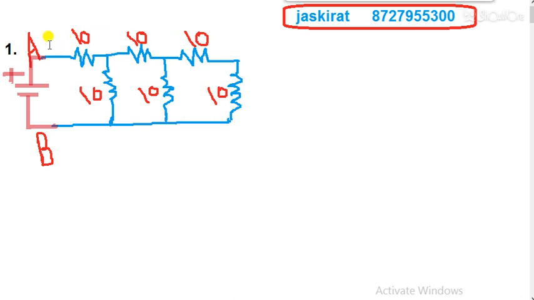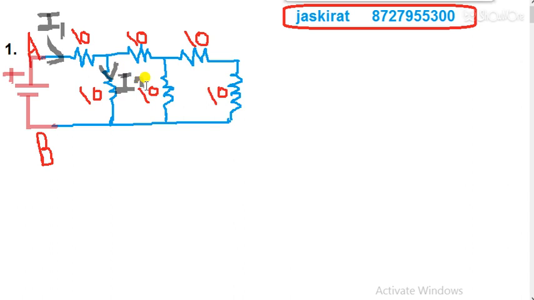Now let's suppose current I1 is coming from the battery. Let's suppose in this branch I2 current goes.